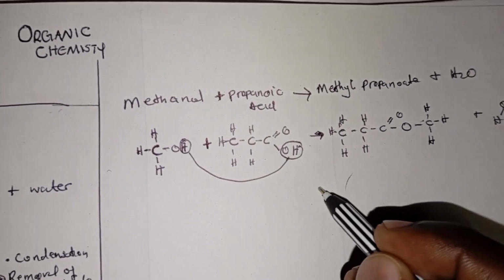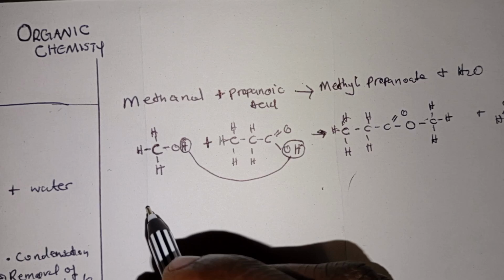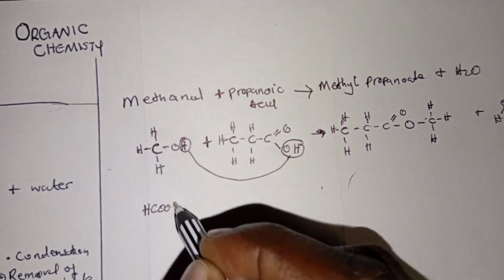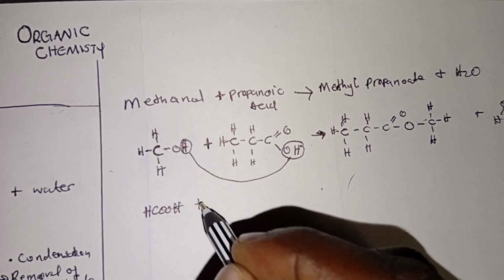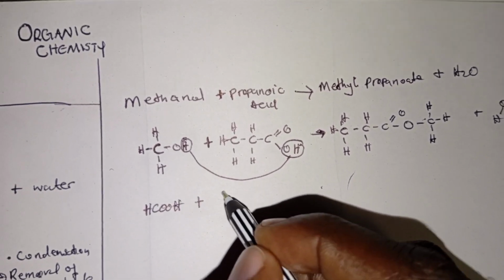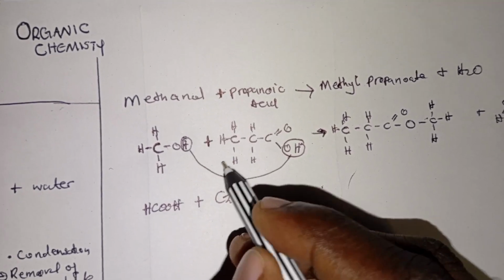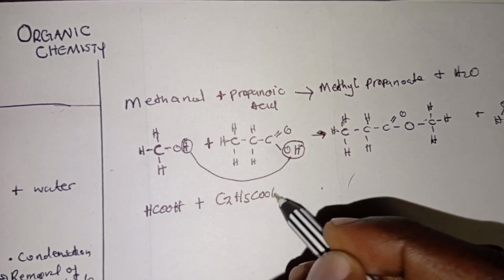Okay, and then methanoic acid, this one you write it as HCOOH plus propanoic acid C2H5, starting with this part, and then the functional group.